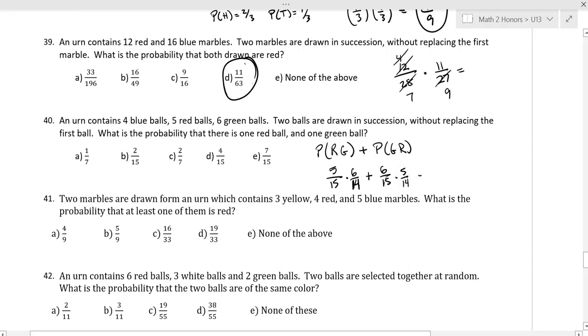And just need to work through this, simplify it down, and see what we get. So 5 out of 15 is 1 out of 3. Divide by 6. So we end up with 1/7 plus 1/7, which is 2 out of 7.